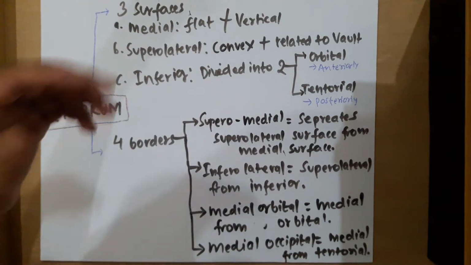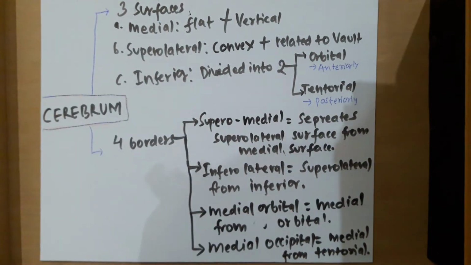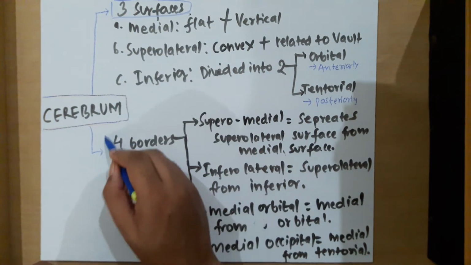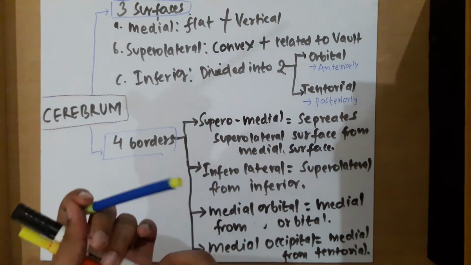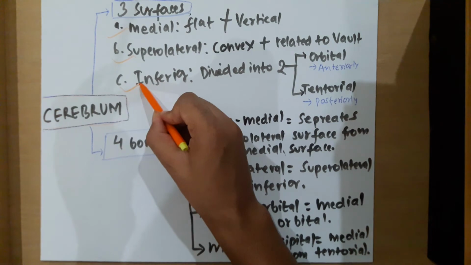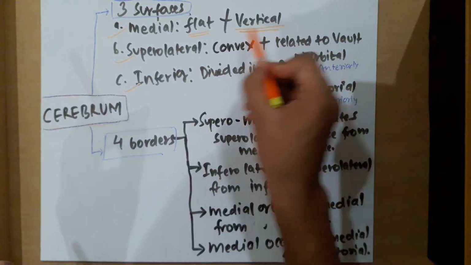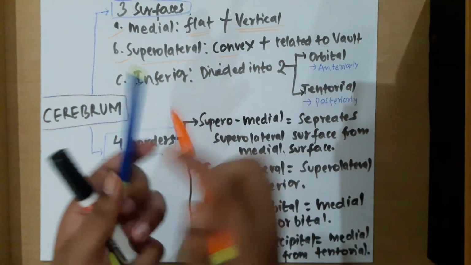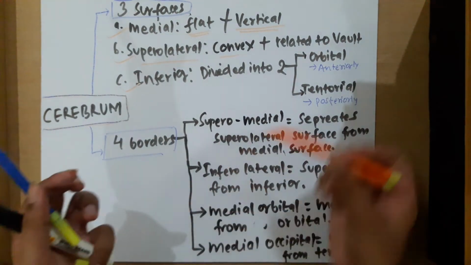So let's revise rapidly. The cerebral hemisphere presents three surfaces and four borders. The three surfaces are medial surface, superolateral surface, and the inferior surface. The medial surface is flat and vertical, while the superolateral surface is convex and is related to the cranial vault.